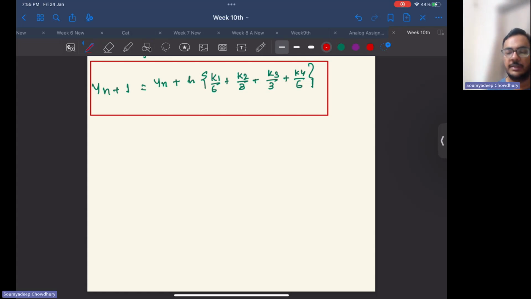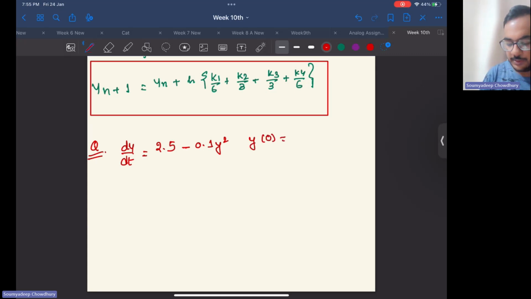So we'll now look at some numericals and see how to use these methods, RK2, RK4, Euler's method, and how to arrive at the solution. So let us take a differential equation dy by dt equal to 2.5 minus 0.1 y square, and y of 0 is given as 0.